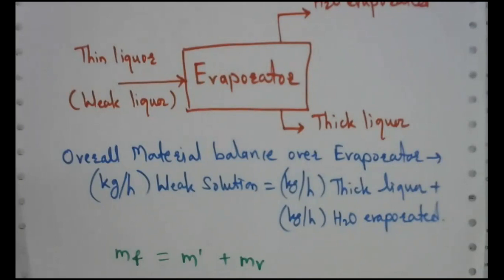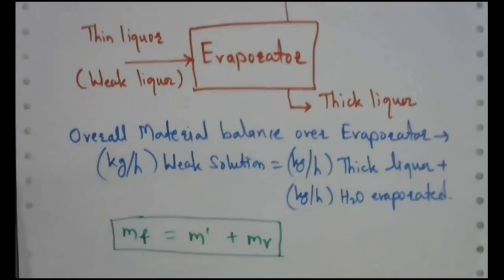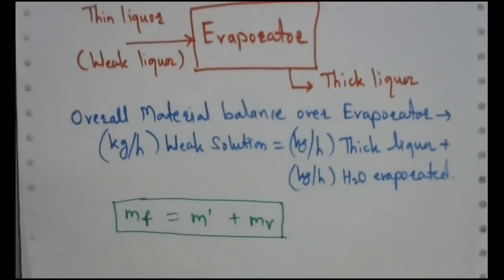So for thick liquor we use m dash, for water evaporated mv, and for feed or weak solution or thin liquor we use m suffix f. This is the simple overall material balance equation for the single effect evaporator.